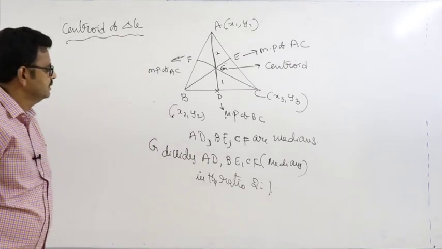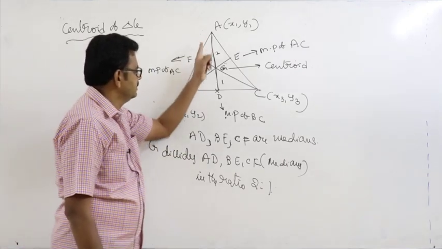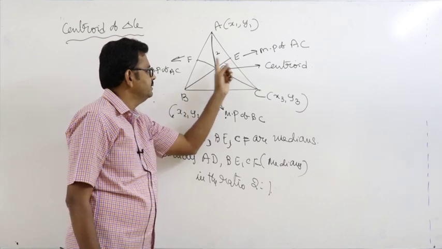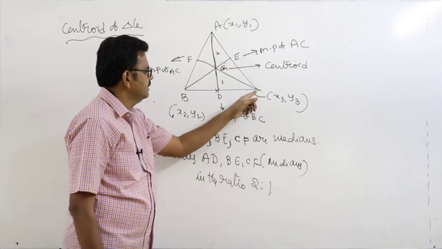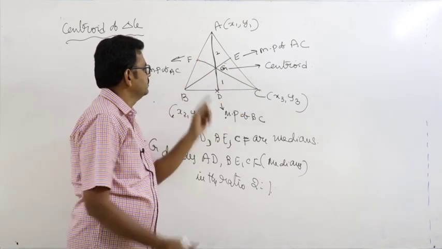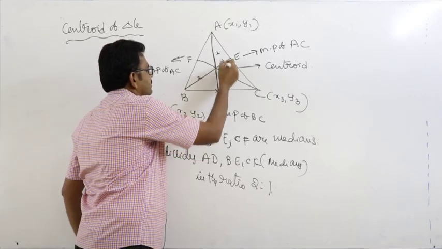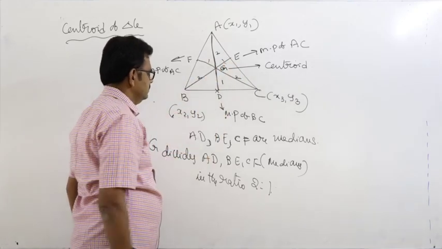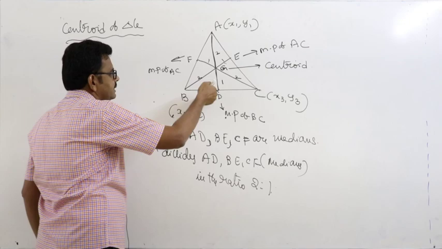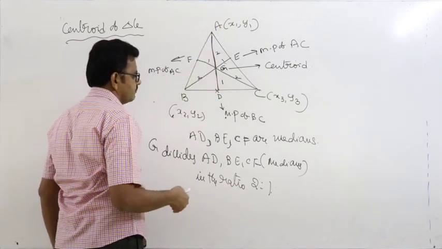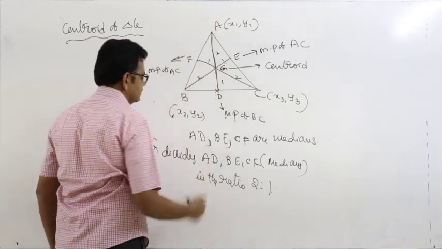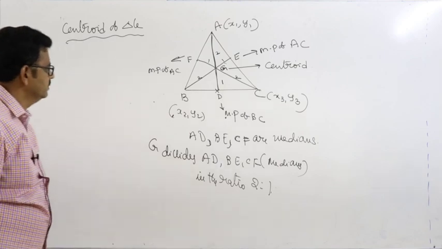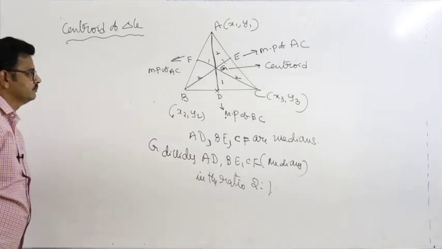Centroid G divides each median AD in the ratio 2 is to 1, BE in the ratio 2 is to 1, and CF in the ratio 2 is to 1. If you want to take AD, that is 1 is to 2. You can write from there what it says. The ratio 2 is to 1.